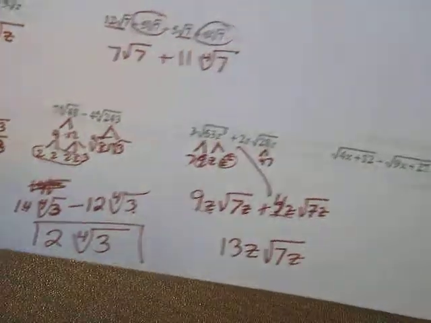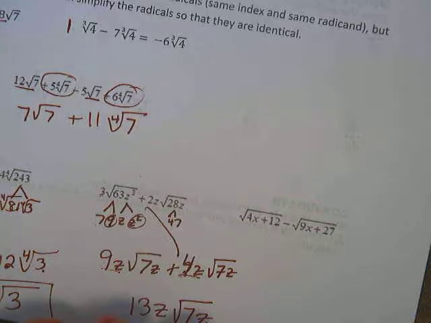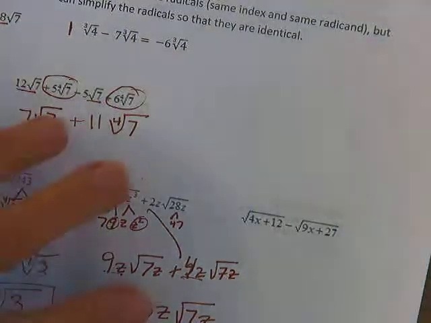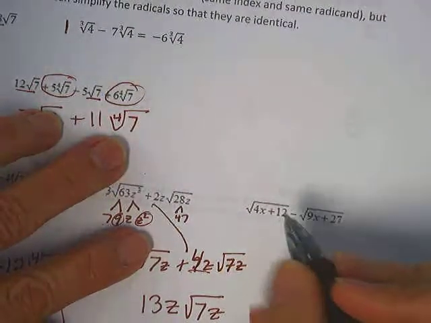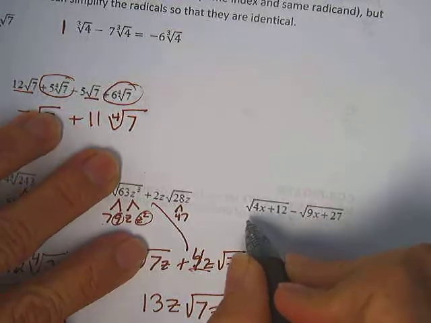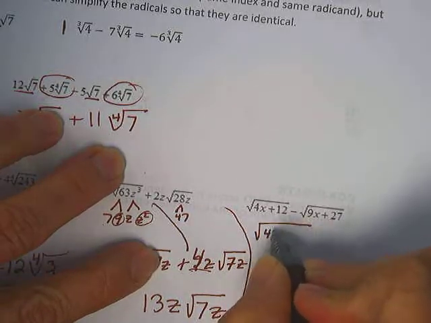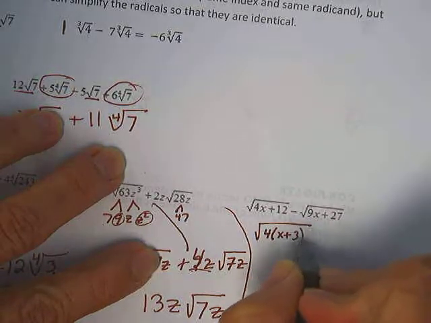Can we do anything on this next one? All right. So square root of 4x plus 12, can we simplify that? That's equal to the square root of 4 times x plus 3.